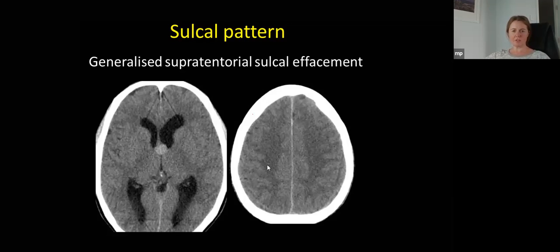Towards the vertex, you don't see any sulci on the left here. You see a little wisp of sulci on the right. And in young patients, so if this was a teenager or somebody in their 20s, you might think, well, this could actually be normal. But even for somebody in their 20s, to have no sulci would be a bit unusual at this level.